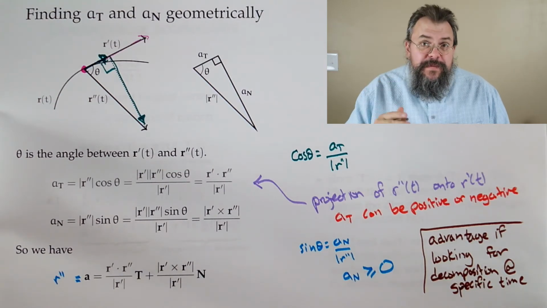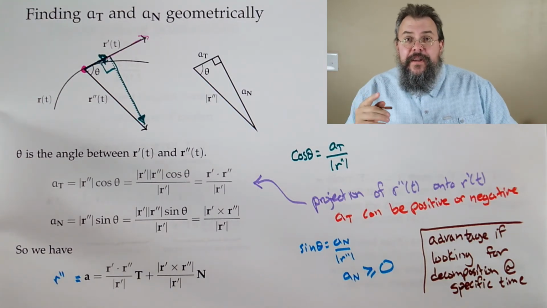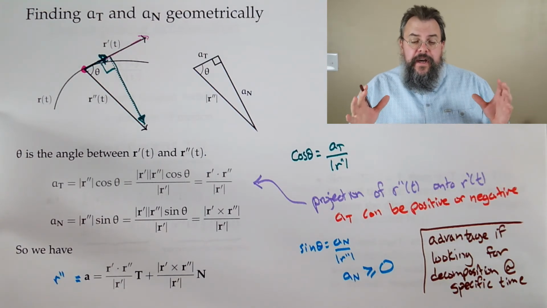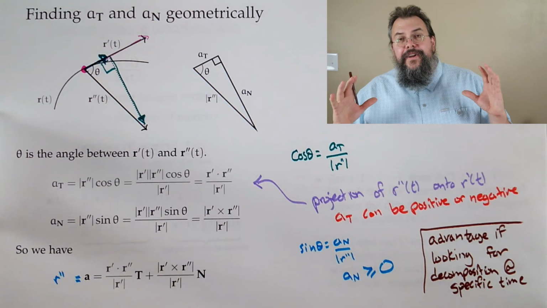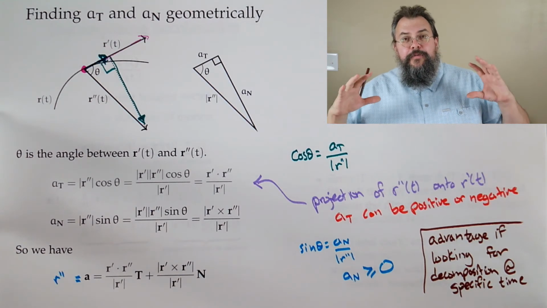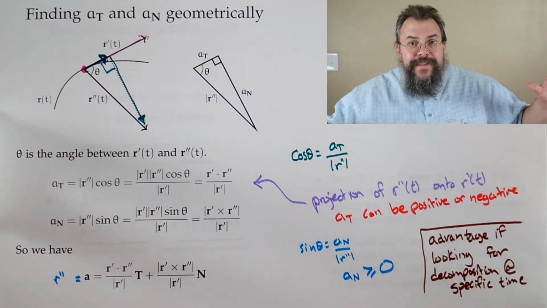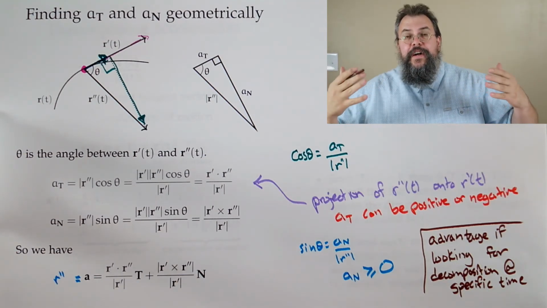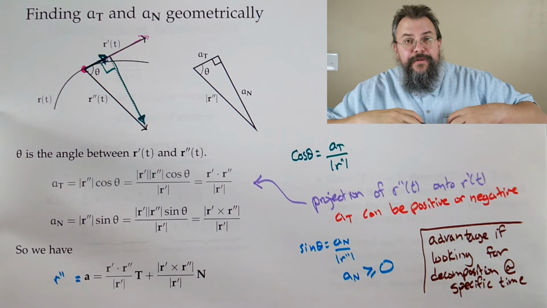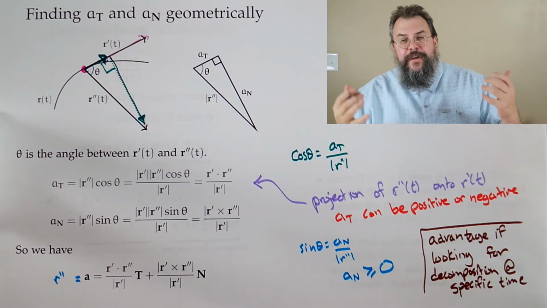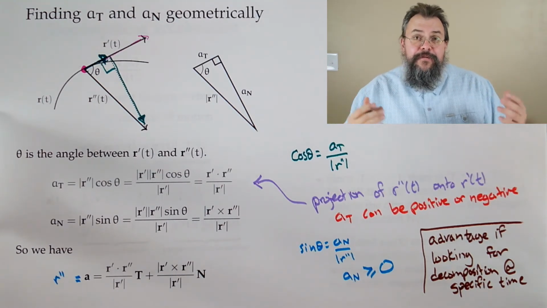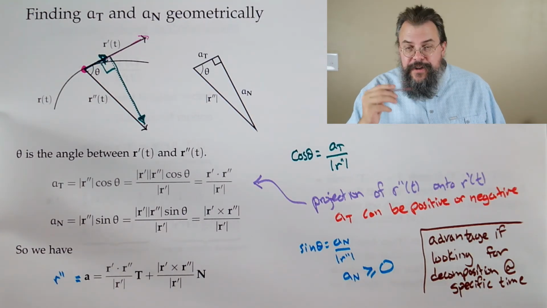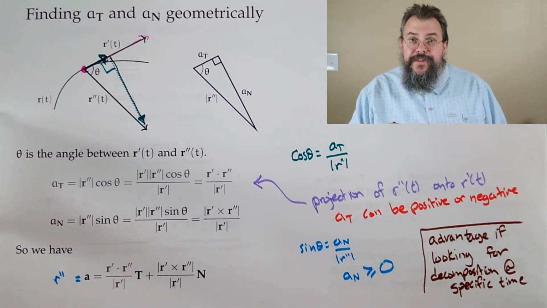If you're looking for a specific time, then this actually has an edge. The reasoning is that you don't have to do lots of massive computations with these vectors as functions. You take r prime, you take r double prime, you evaluate, and then you do the cross product and magnitude, and life becomes a lot easier. So there is a good case to be made to know both, not just the algebraic.